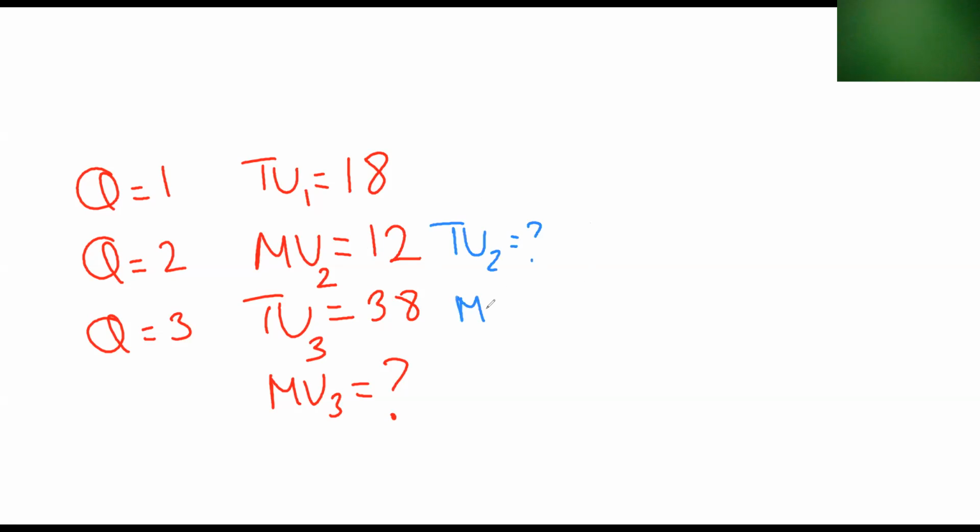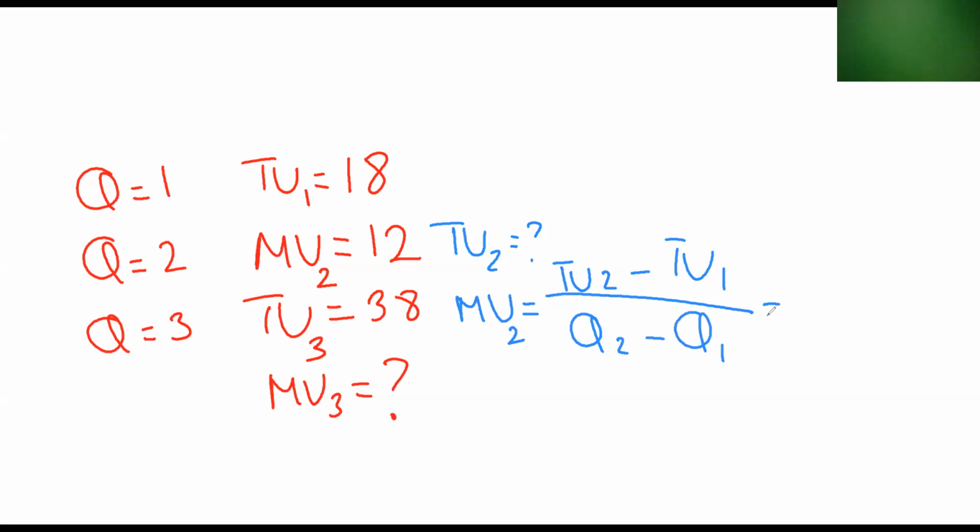I'm going to use the marginal utility formula, which is the change in total utility divided by change in quantity. So I have the marginal utility 2. This is the change in total utility divided by Q2 minus Q1. I have the marginal utility, so I'm just going to plug it in. I do not have the total utility for the second cup.